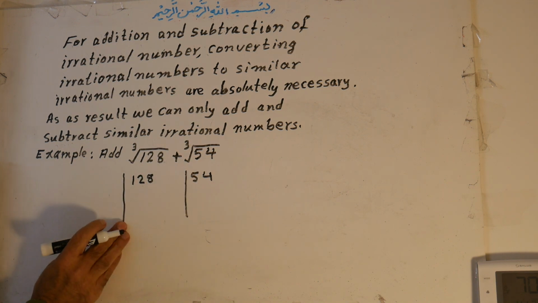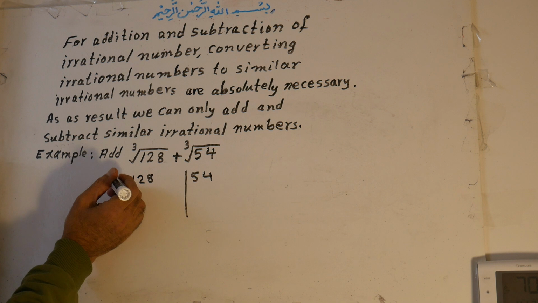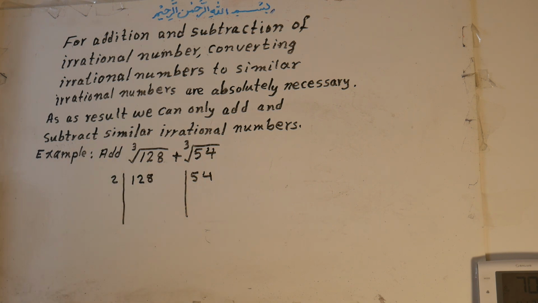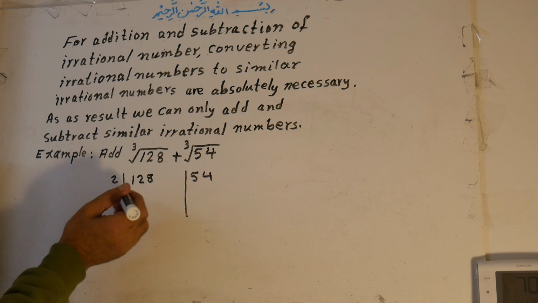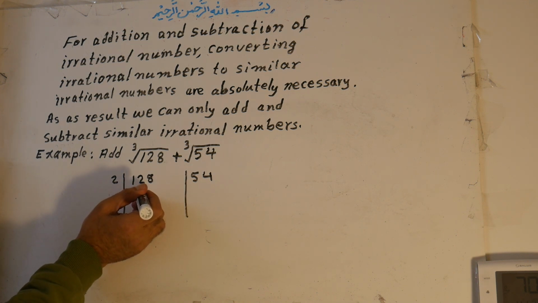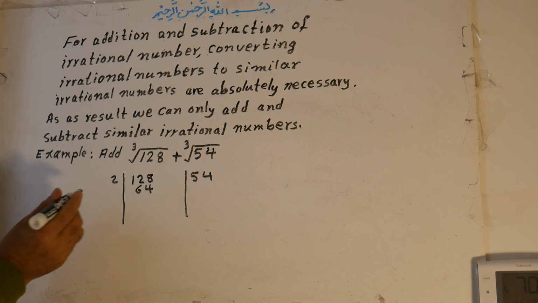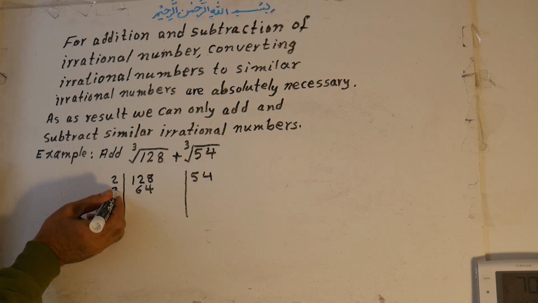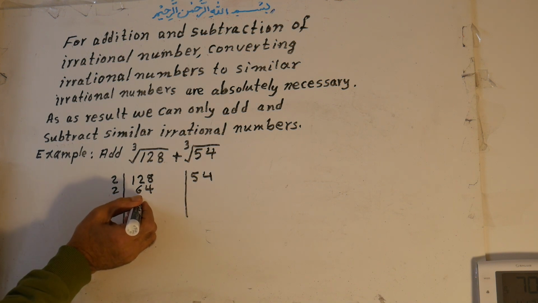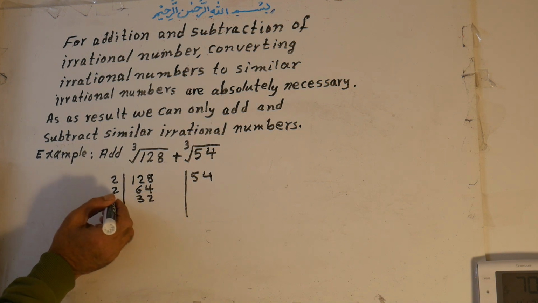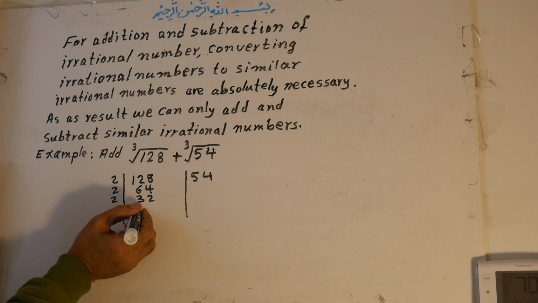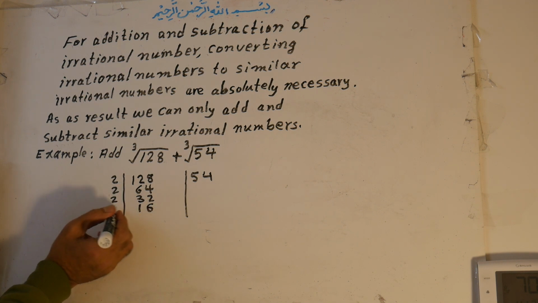We start from the 2. It is divisible by 2 because the first number is even. So 6 times 2 is 12, and 4 times 2 is 8. Again 2: 3 times 2 is 6, 2 times 2 is 4, 1 times 2 is 2, and 6 times 2 is 12.